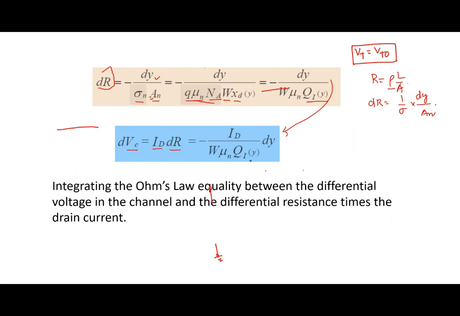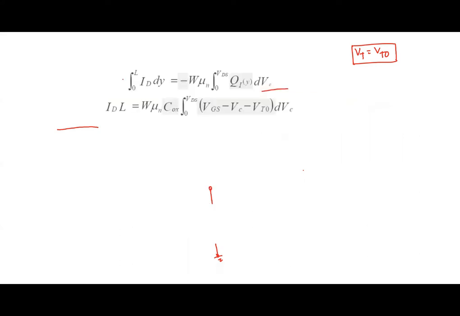Now the next thing is, this entire derivation is for a very small fraction dy, and this needs to be integrated. So when it needs to be integrated, there are certain points that need to be taken into consideration. Your length varies from 0 to L, and your voltage varies from 0 to VDS, and mu n, then Q is already known to you.